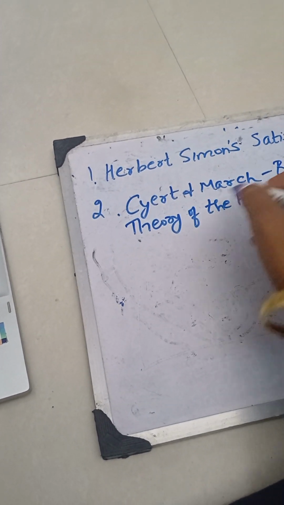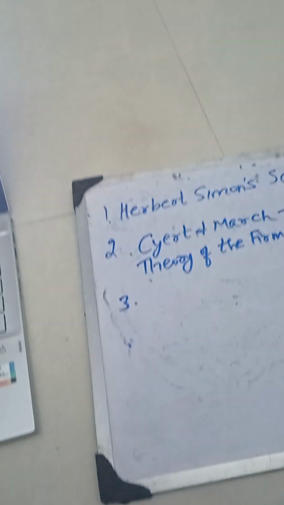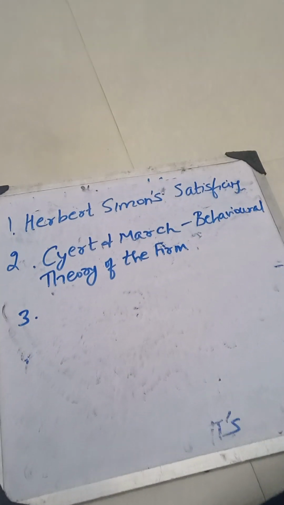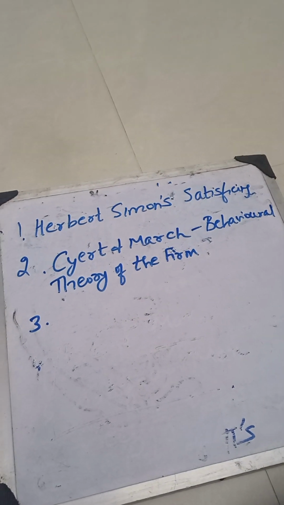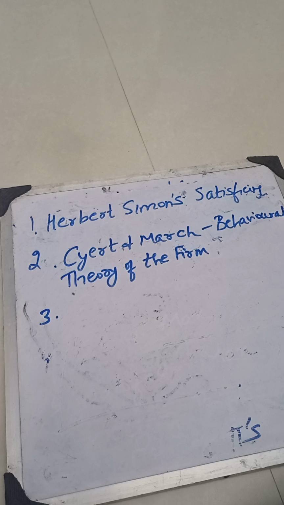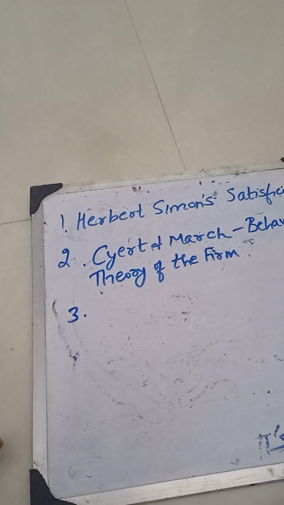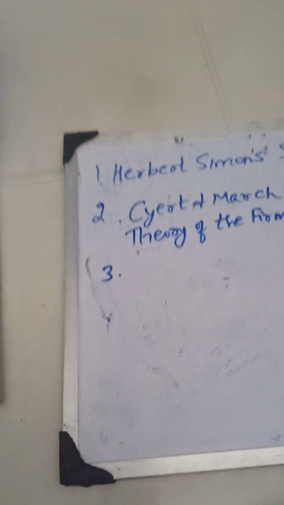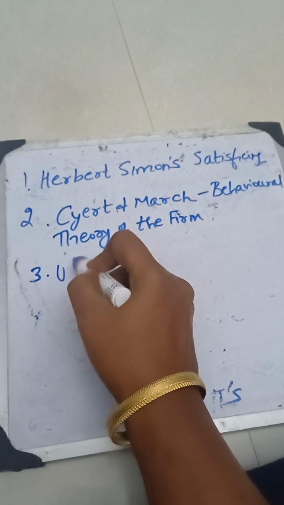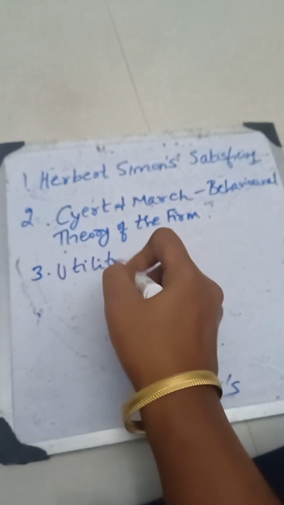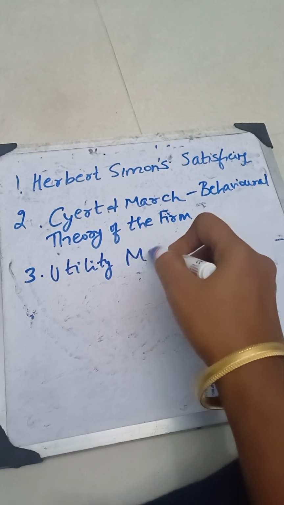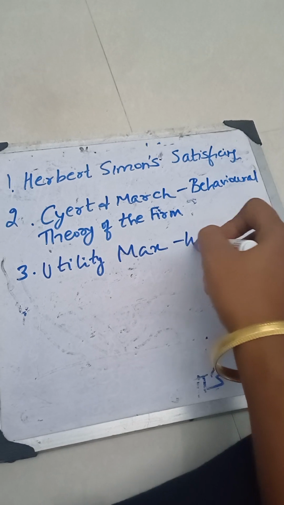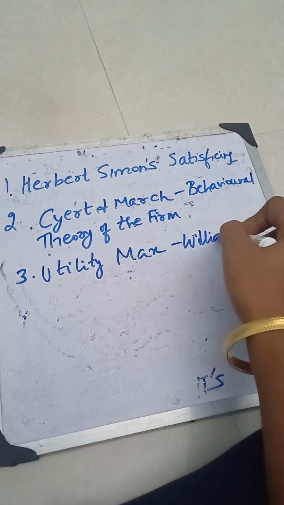Then you have other models, including the very preeminent utility maximization model given by Williamson, where he said that utility maximization is considered the main objective of the firm.